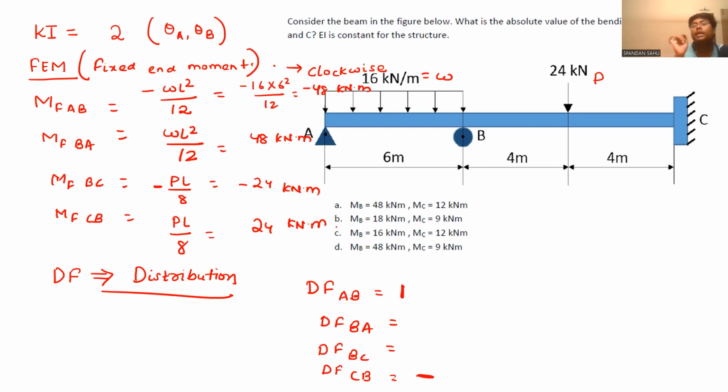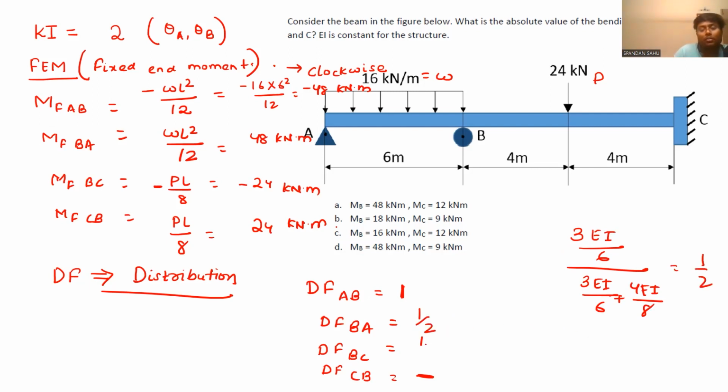Those are the two members connected at joint B. Calculate DFBA. It will be 0.5, 0.5. If one is half, the other will also be half.